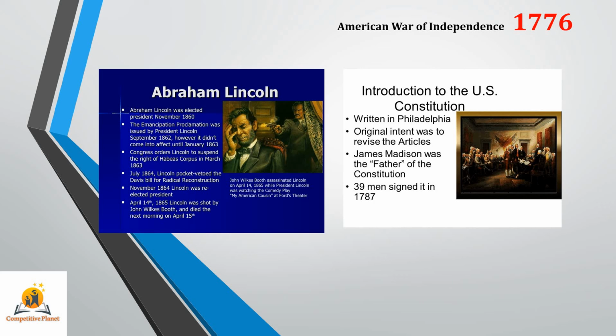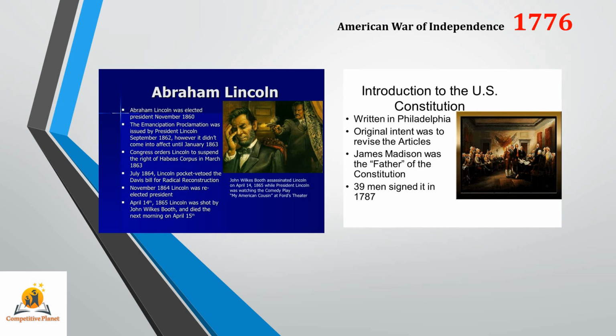Okay, now we want to discuss Abraham Lincoln. He is one of the famous presidents in America. Actually, Abraham Lincoln was elected as president in November 1860, and slavery was abolished in America on 1st January 1863 during his rule.